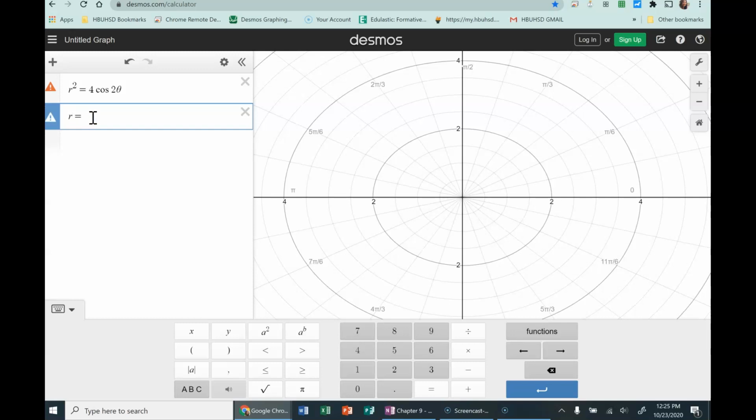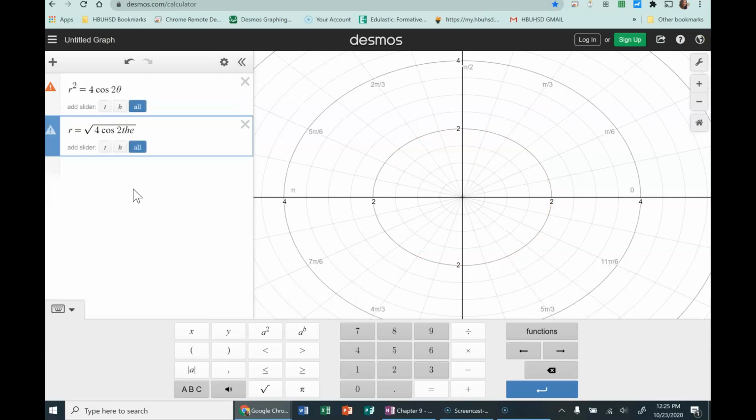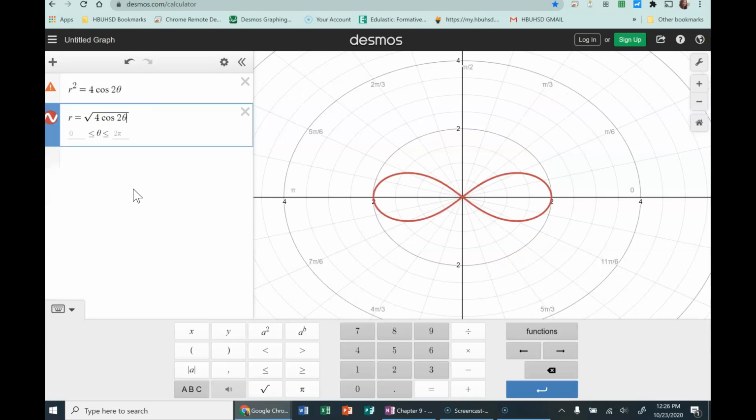r equals, now we do a square root. So there's a square root down here, and everything's under 4 cosine of 2 theta. Just like that. Normally, when we take a square root, we write plus or minus. But the unique thing about polar coordinates is that the radius is exactly the same whether you have positive or negative. Let me graph another one out for you. What if I do r equals negative? In polar coordinates, we get the same graph.